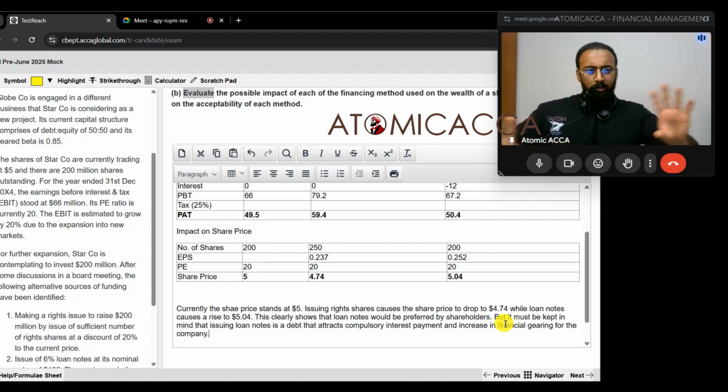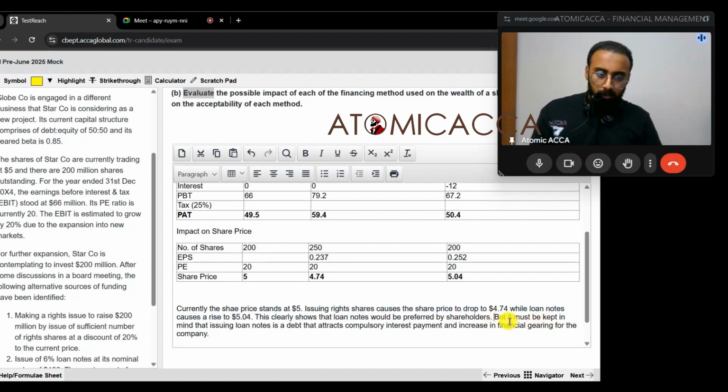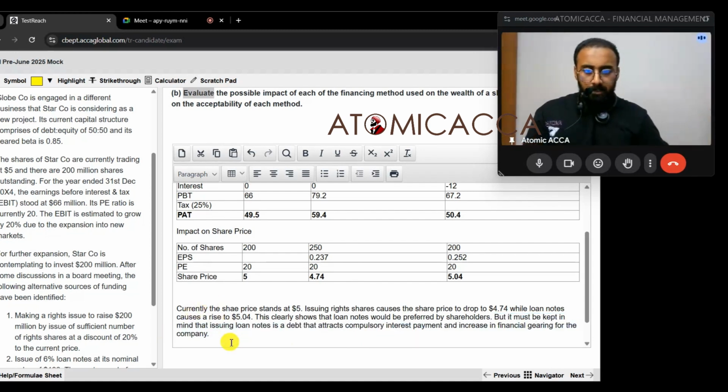That's enough. You don't have to write too much. That is totally enough. So you've written a positive part about loan notes, share price is increasing, but you've also told the negative part, financial gearing would increase, and you'll also have a compulsory interest payment from here on. Done. So that is fine.